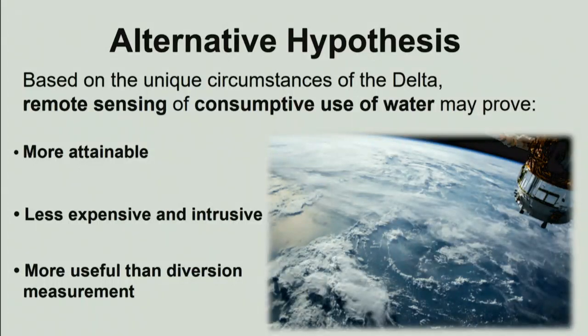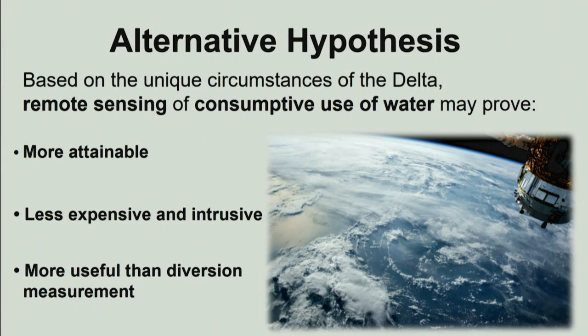In the course of this, and this is kind of the last thing I'm going to touch on, an alternative hypothesis has been proposed, and it is just that, it's a hypothesis. But our office sponsored a study of how to get accurate, timely information about the use of water in the Delta.